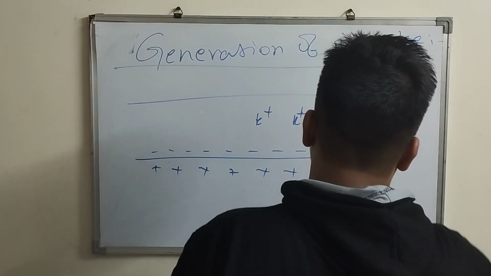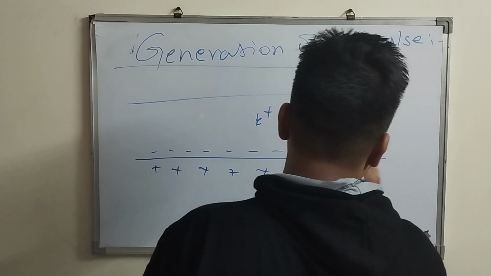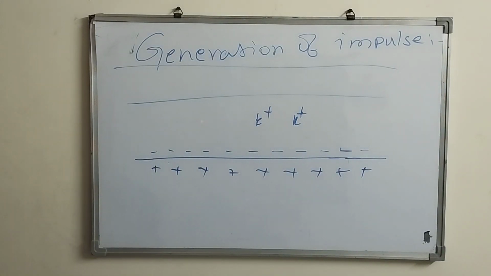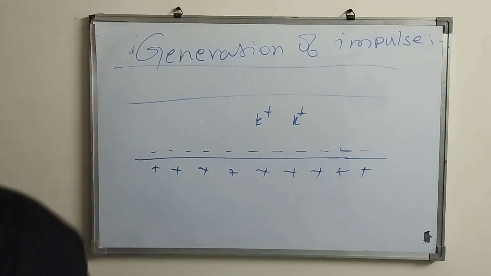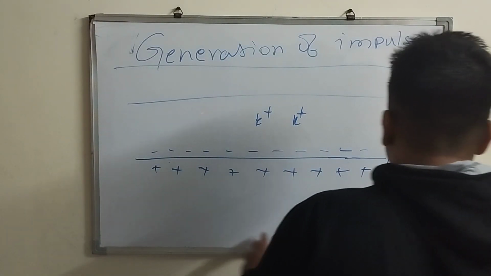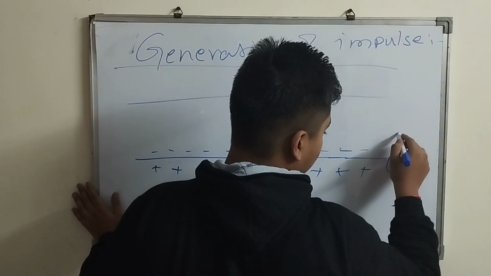This state of the axoplasm is called your polarized state. Now these ionic gradients across the resting membrane are maintained by potassium pumps which transport potassium like this.